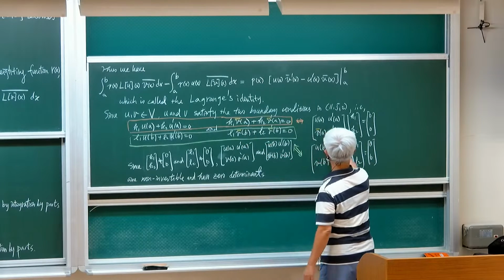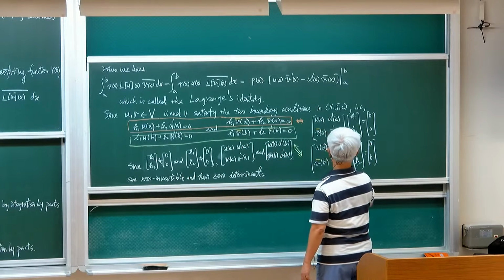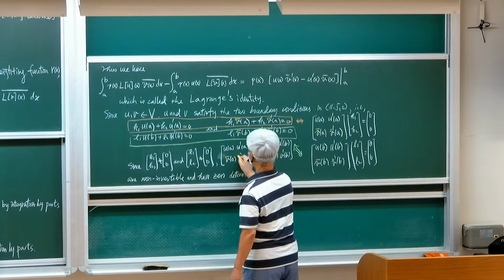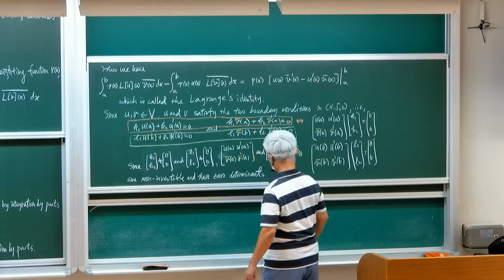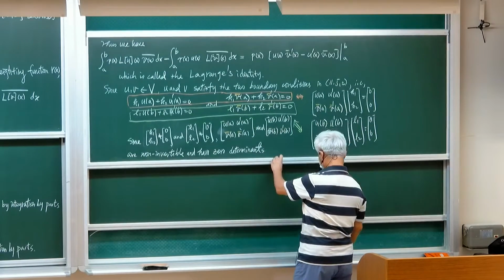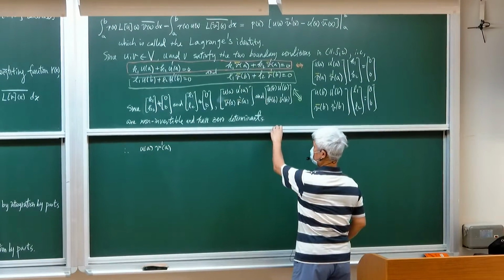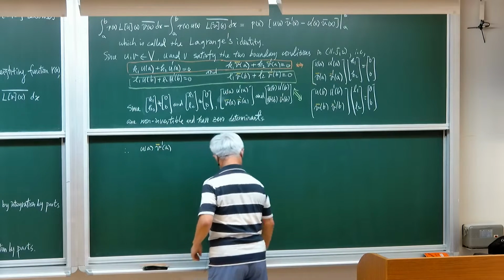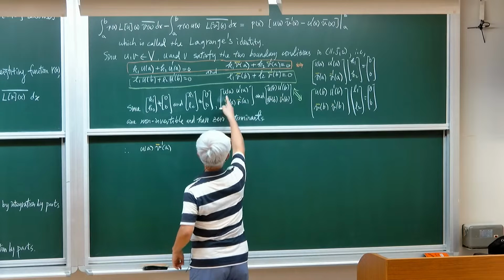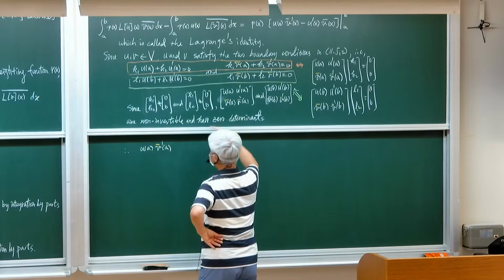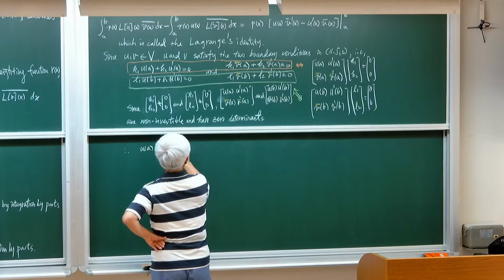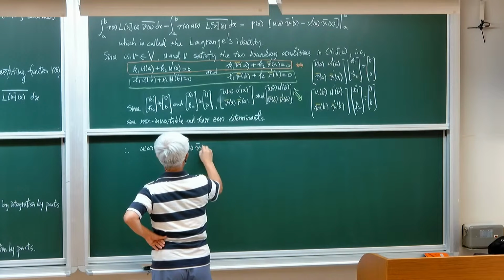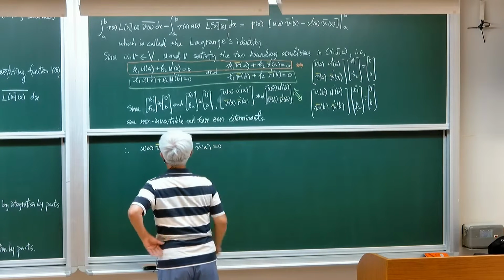So this is also true. And so the determinant U(A) V bar prime(A) minus U prime(A) V bar(A) is 0.